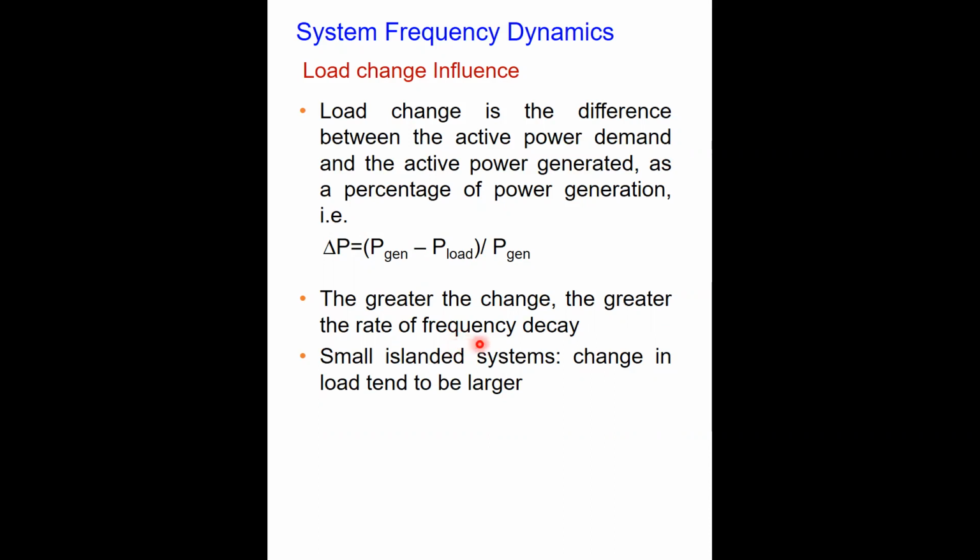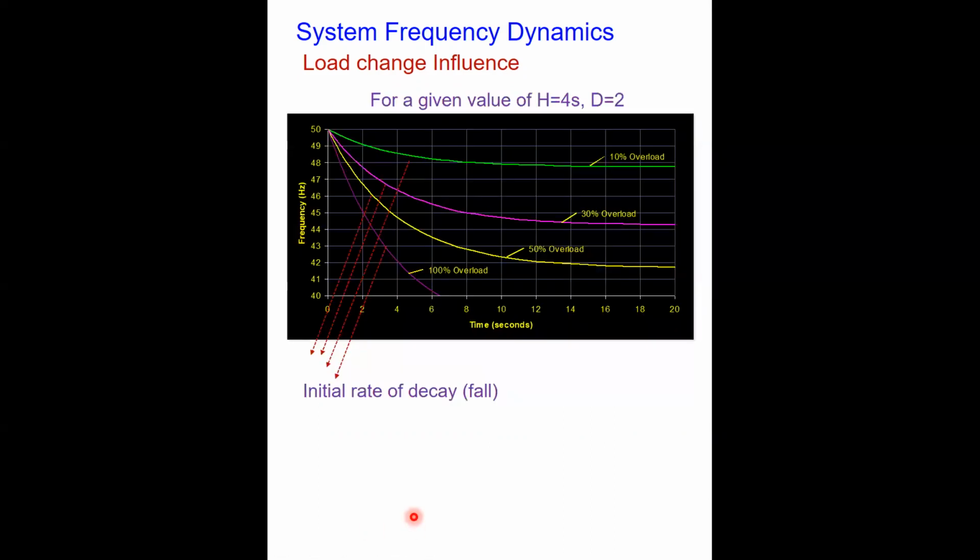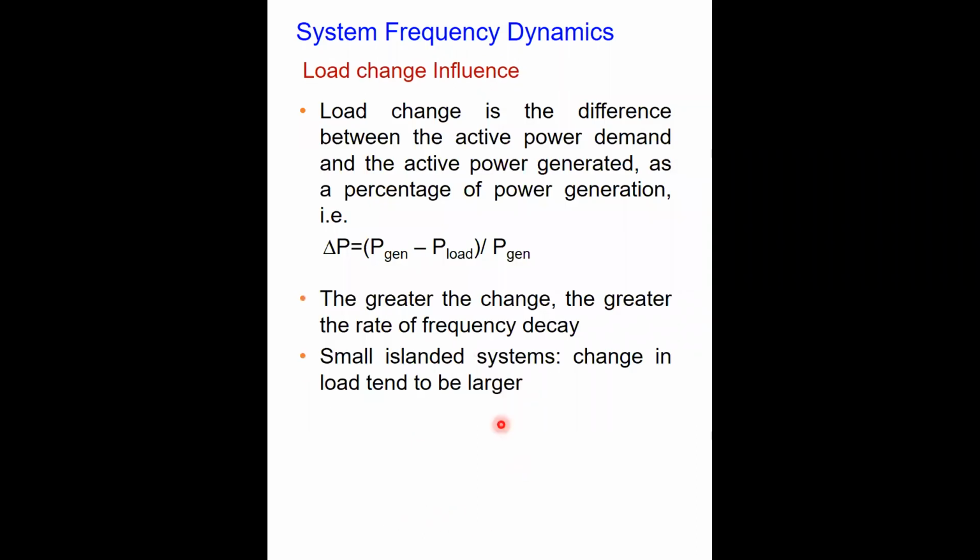I will discuss that later on. So you understand that the larger the change in the power, the greater will be the decay in the frequency. That means you will observe a more sharp change in the frequency.